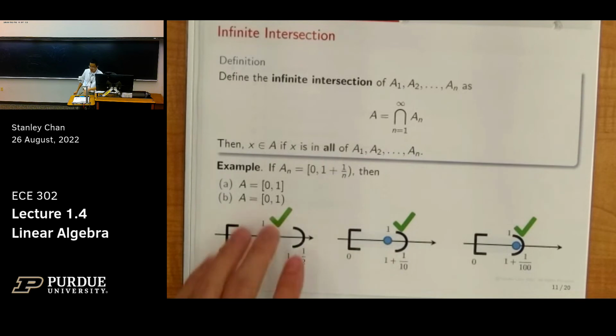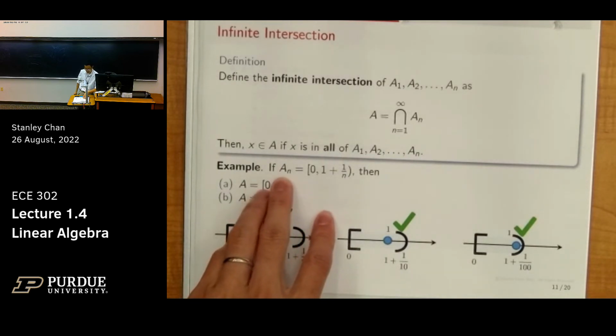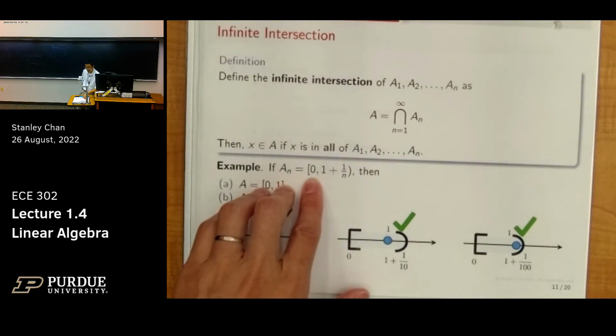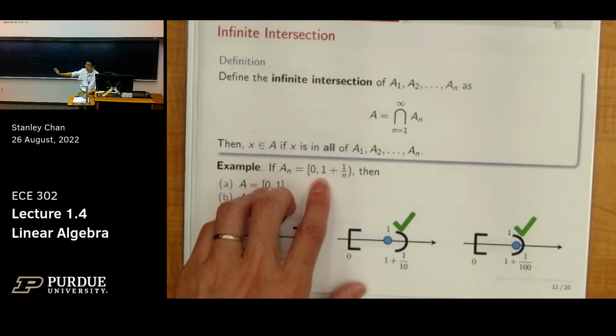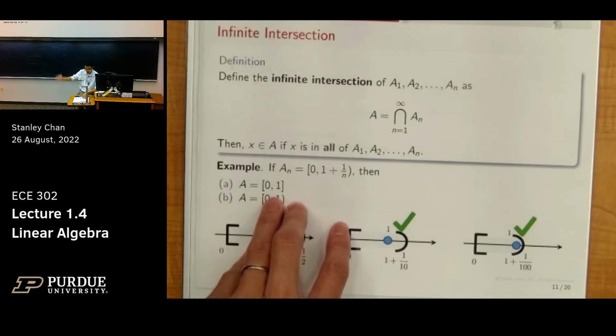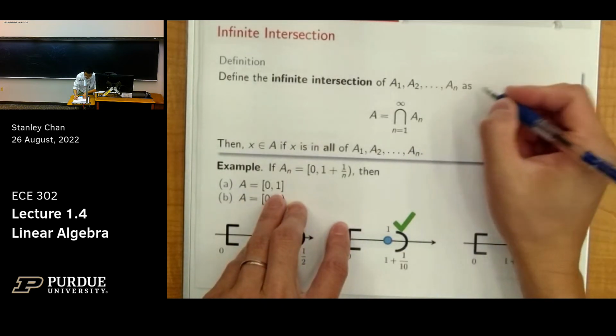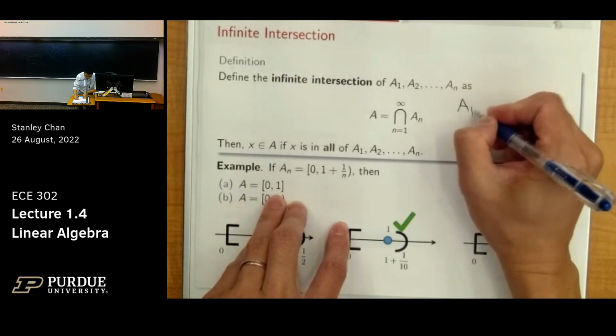So let's consider this example. You have the sequence of sets, closed on the left-hand side at 0, open on the right-hand side at 1 plus 1 over n. Again, let's write down a few cases.